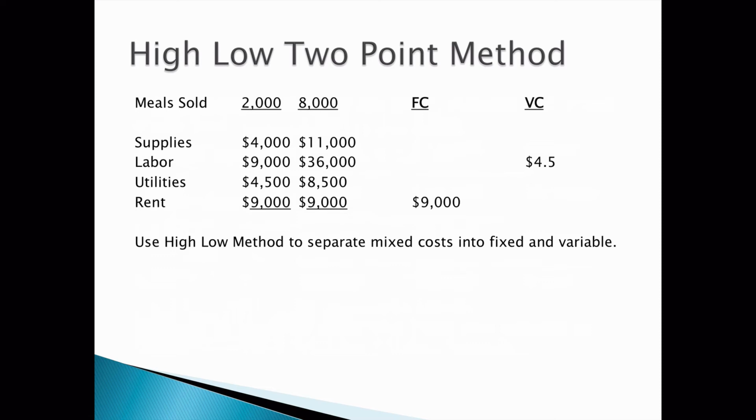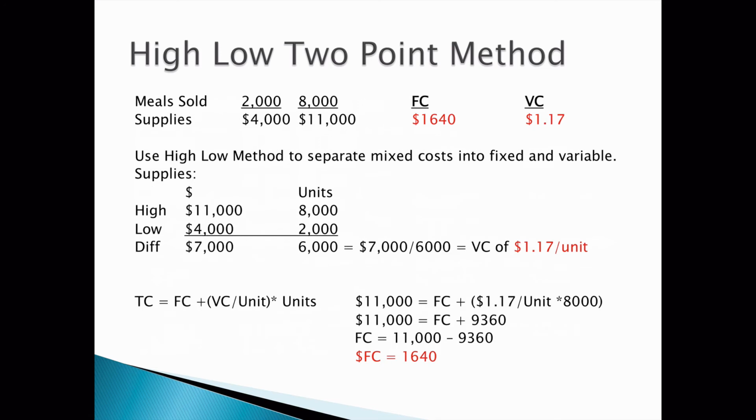The next thing we're going to do is separate the supplies and the utilities into fixed and variable costs, and then we're going to add all those costs together and create a formula. So, going back to supplies, we take our high numbers and our low numbers, and we find the difference, and we get $7,000 over 6,000 units. It's always dollars per unit, so our variable cost is $1.17 a unit.